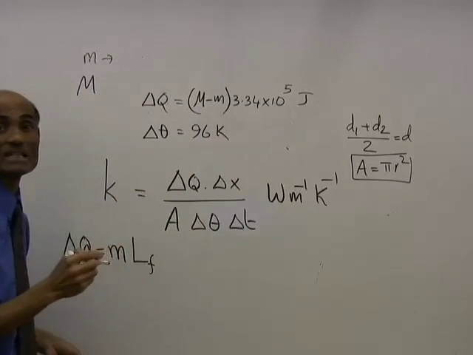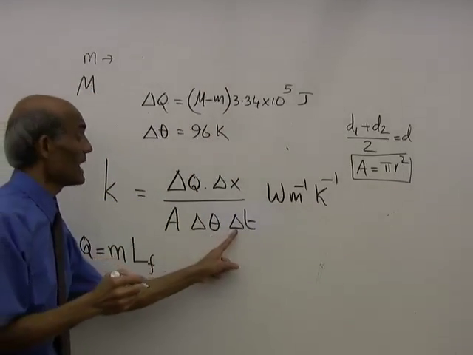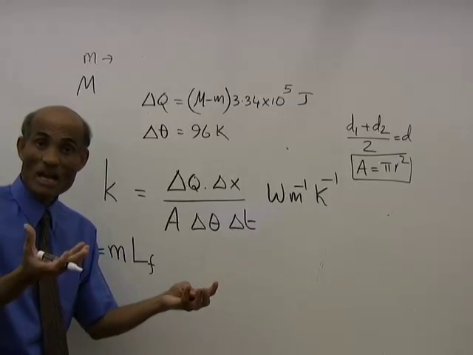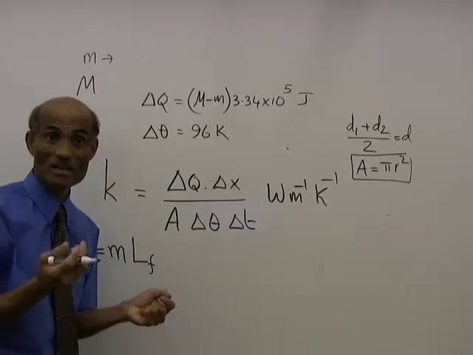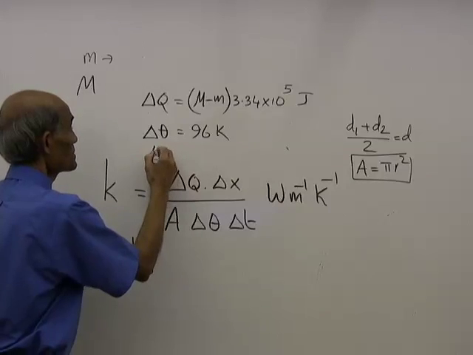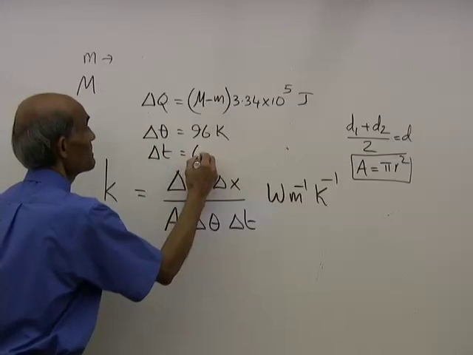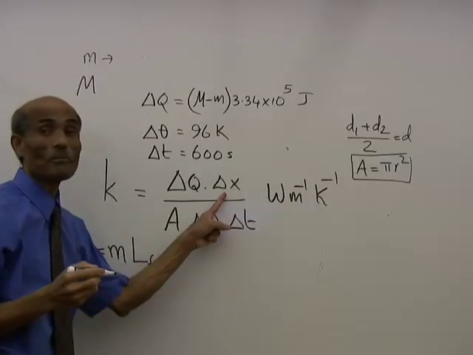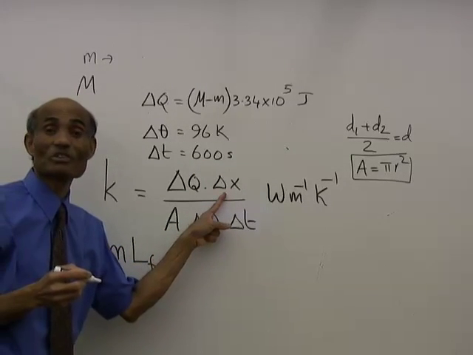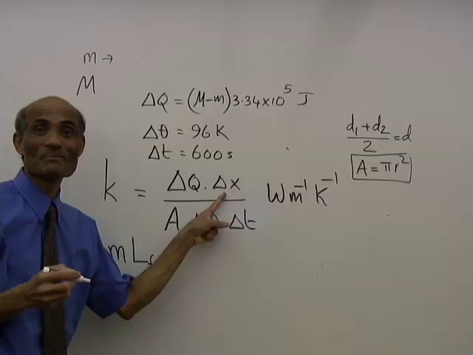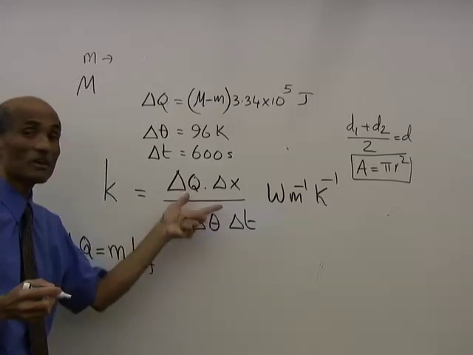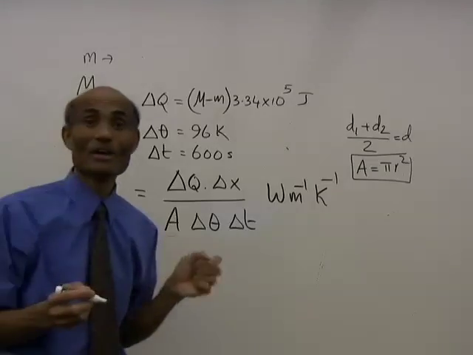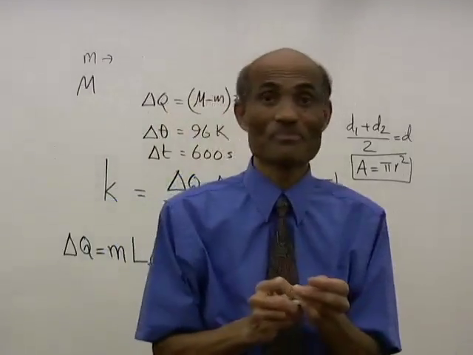Delta theta is 96 Kelvin, and delta T is the time during which the heat has been passing, that is 10 minutes. So delta T is 10 minutes, which is 600 seconds, and you have measured delta X, the thickness of each material. So you have all the information needed to measure the value of K for each material.